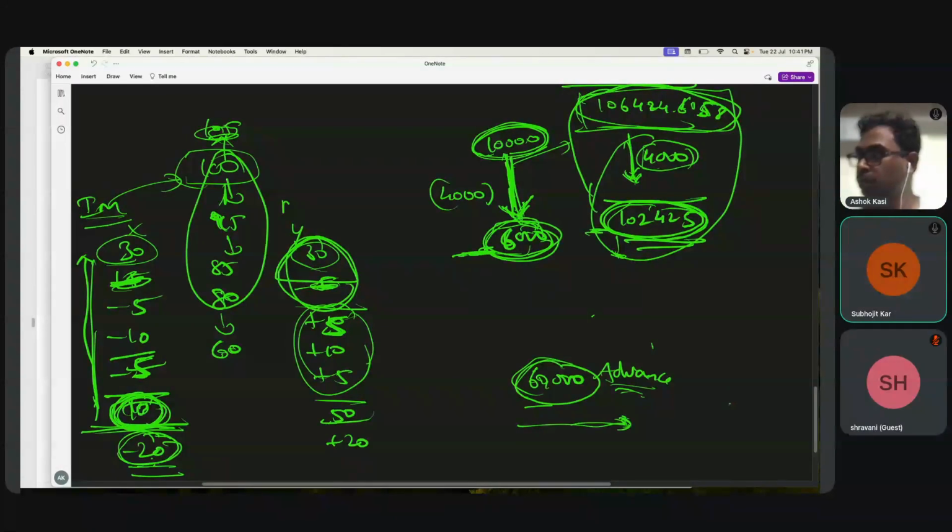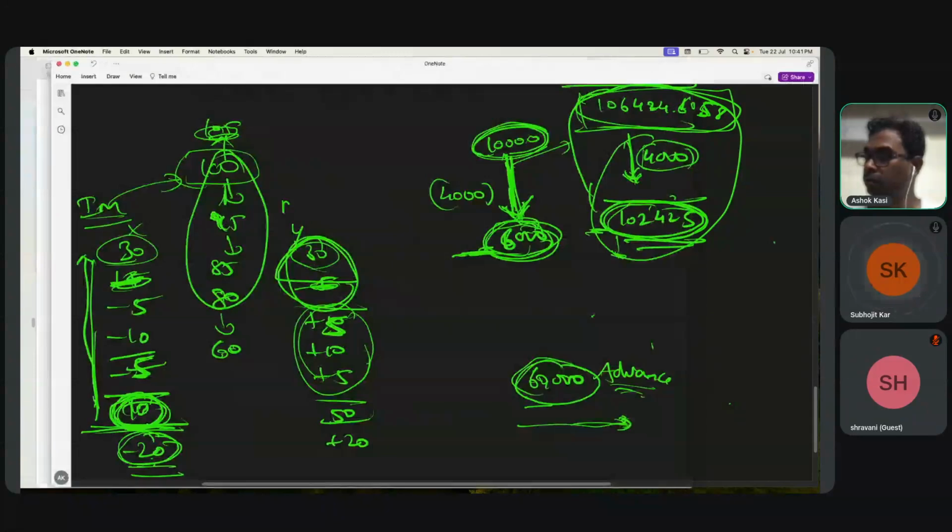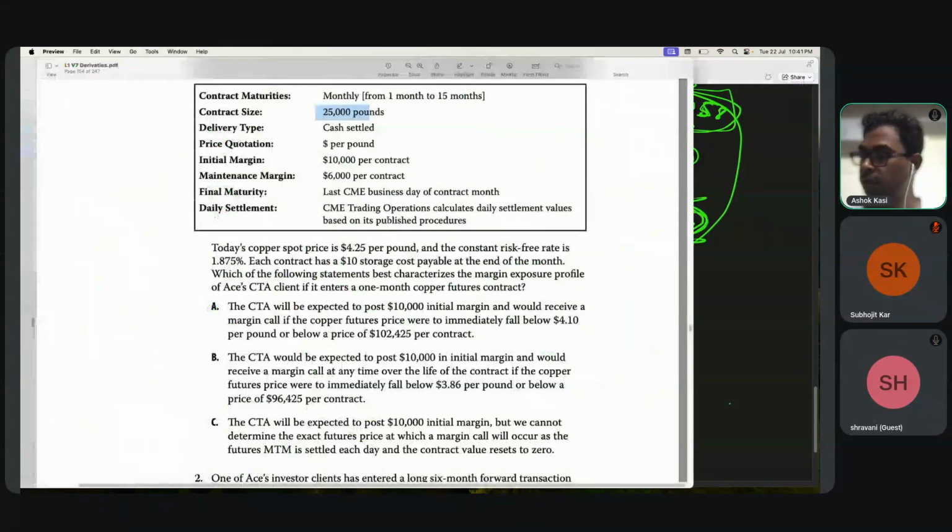This is only one contract where the lot size is 25,000, 25 pounds. Is it okay? Yes, sir. Understood.